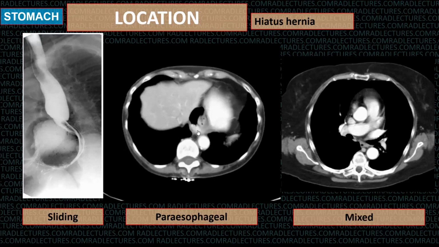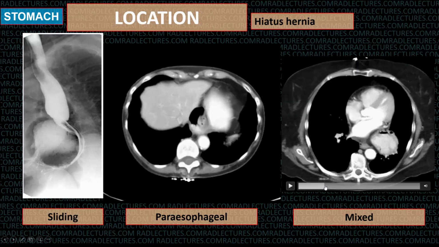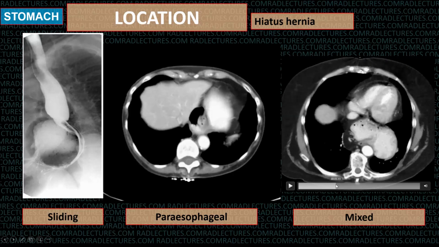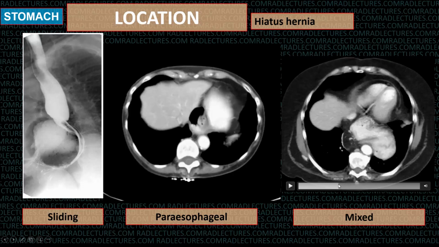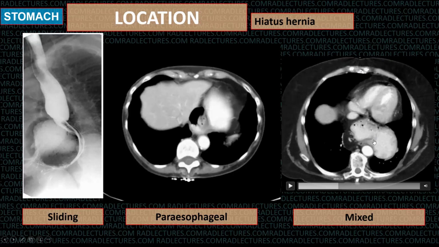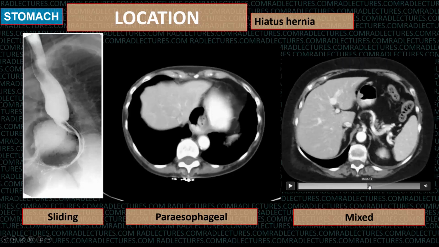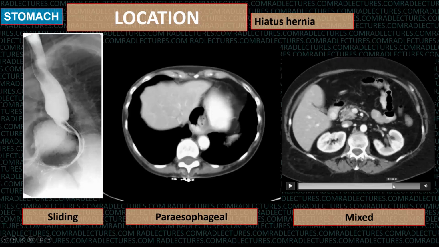Sometimes the hernias can be large enough that the gastroesophageal junction, as well as most of the stomach or a large part of the stomach, like in this case, the gastroesophageal junction is here, the fundus and body of the stomach are up in the chest. So this is an abnormal location of that portion of the stomach.